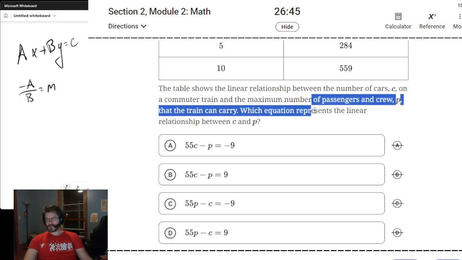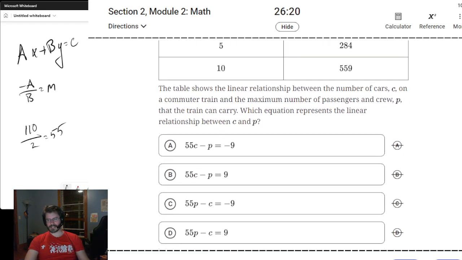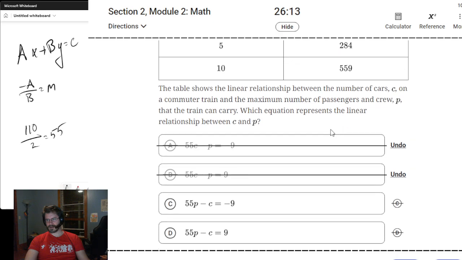So finding the slope for our points here, the change in y, 284 to 174, is a change of 110. 110 for the y. And change in x was 2, so that's 55. And then our negative a over b has to be 55. And it looks like each of these is going to have that, except for these two, because p should be our y value.